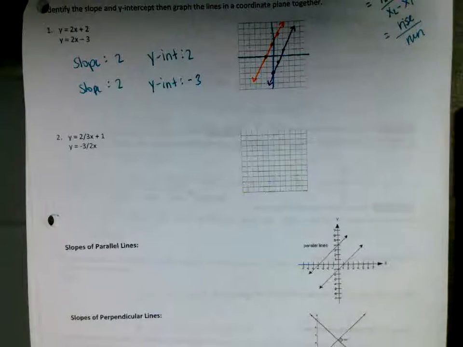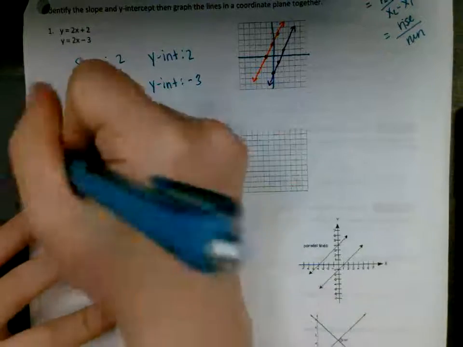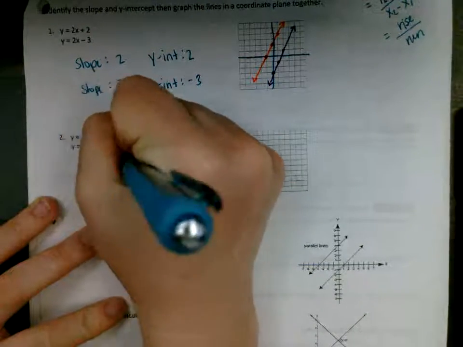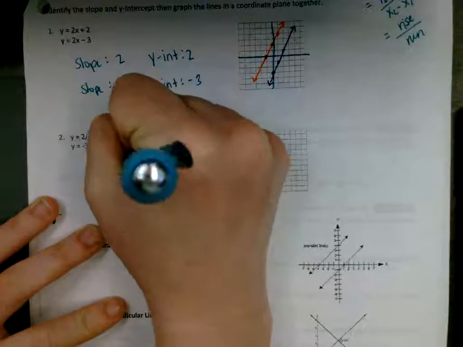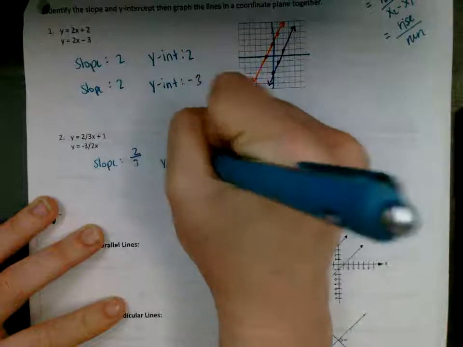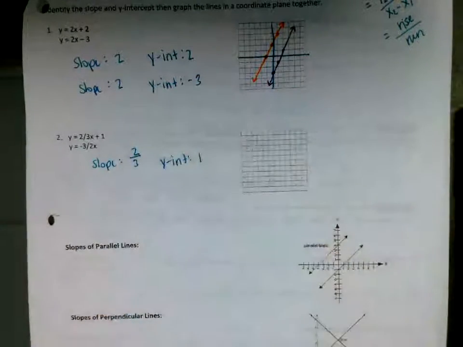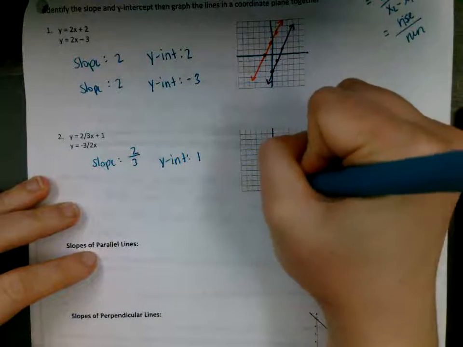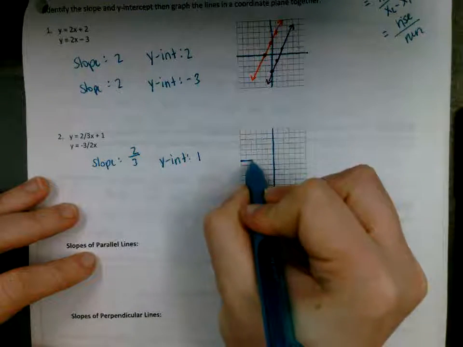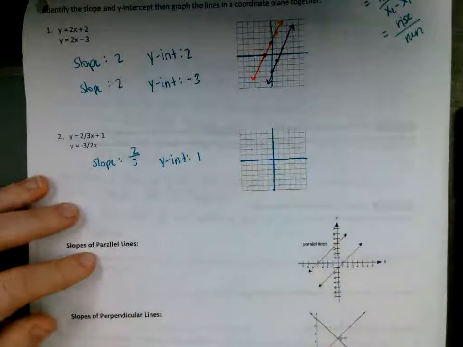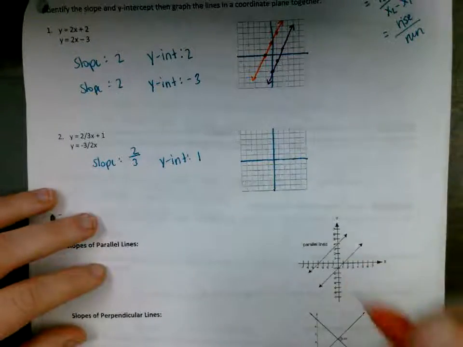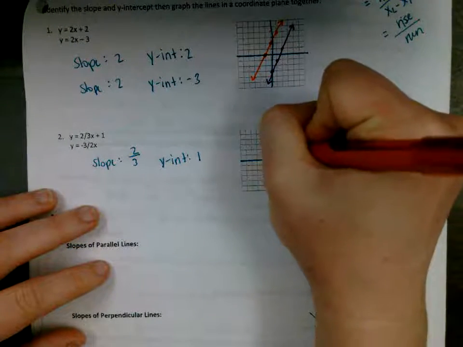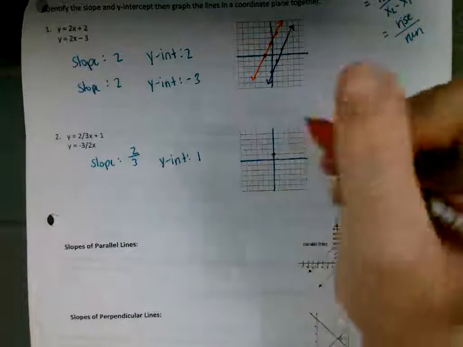Then I'm going to look at number 2 here. I have a slope on my first line of 2 over 3, and my y-intercept is 1. So let's fill this in here. My y-intercept is 1. I'm going to rise 2 and run 3.